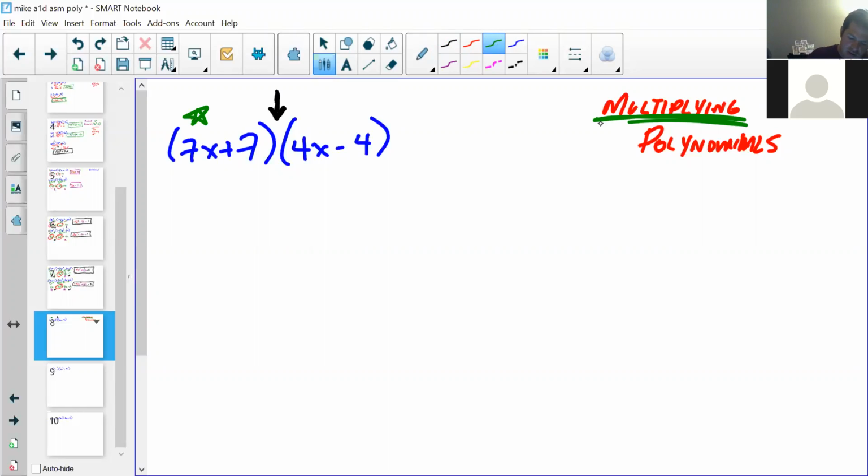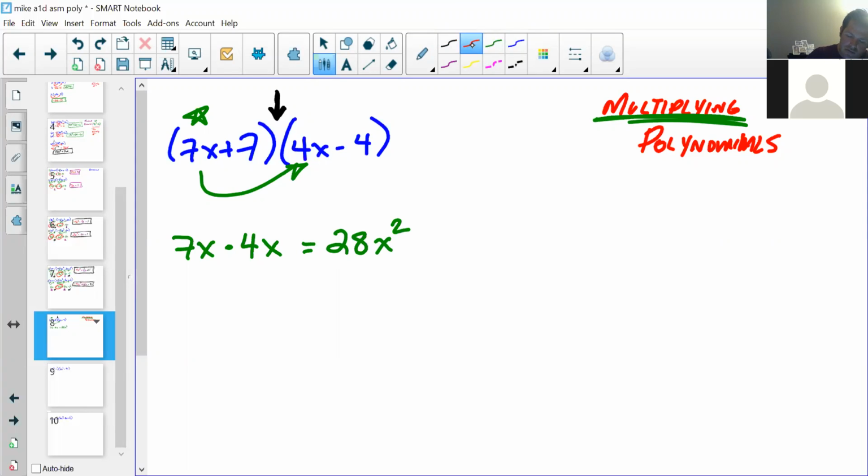So 7x, I'm going to multiply times 4x. Seven times 4 is 28, and x times x would be x to the first power for both of those, so it would be x squared.